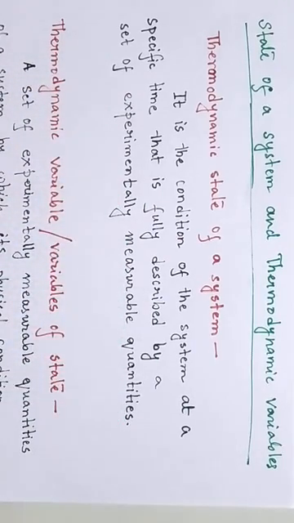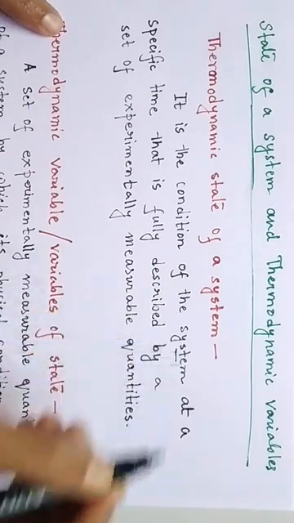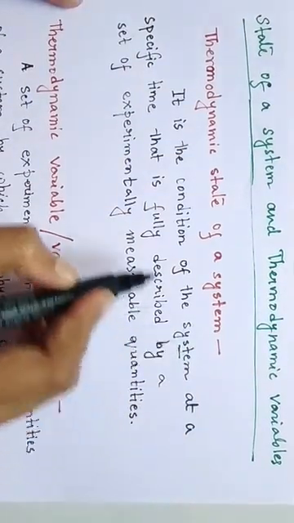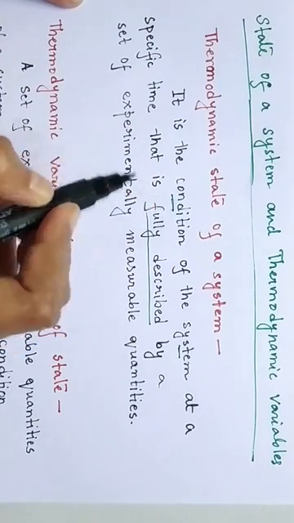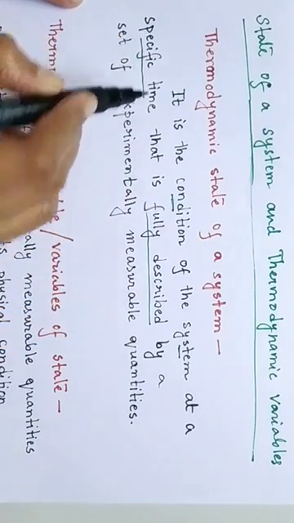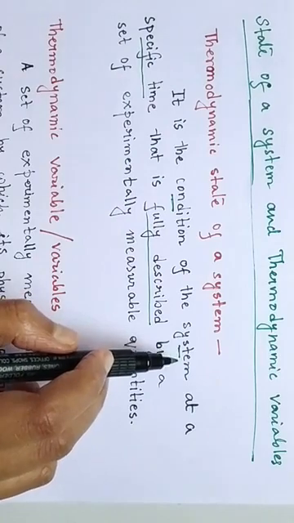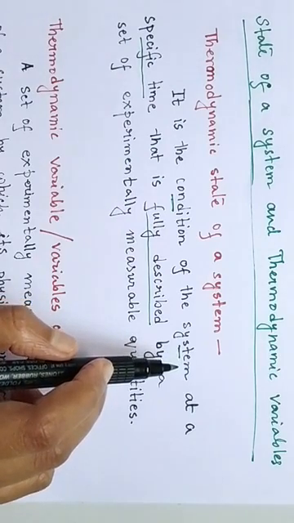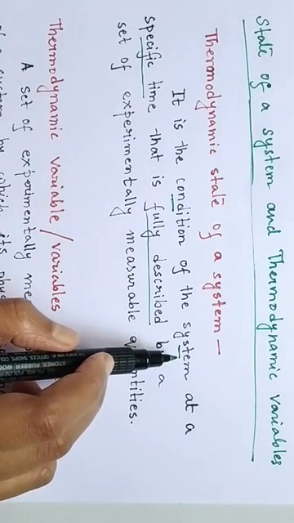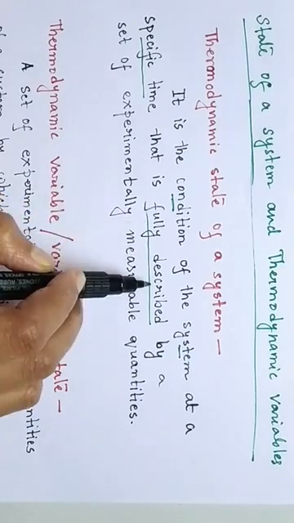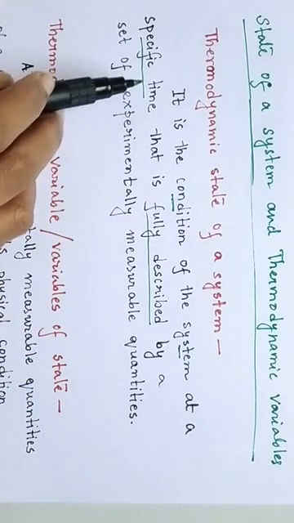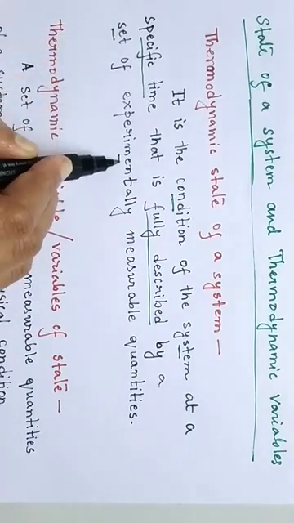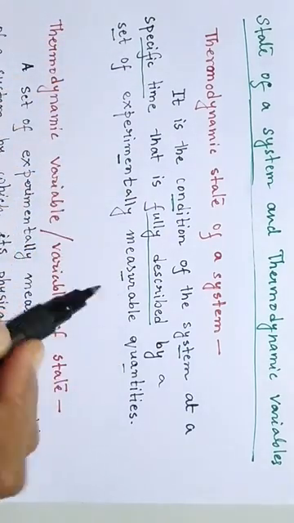So suppose you have a system and you want to fully describe its condition at a specific time. Suppose you are observing the engine of a car and you want to describe completely its condition at a specific time. Then you will need a set of experimentally measurable quantities.